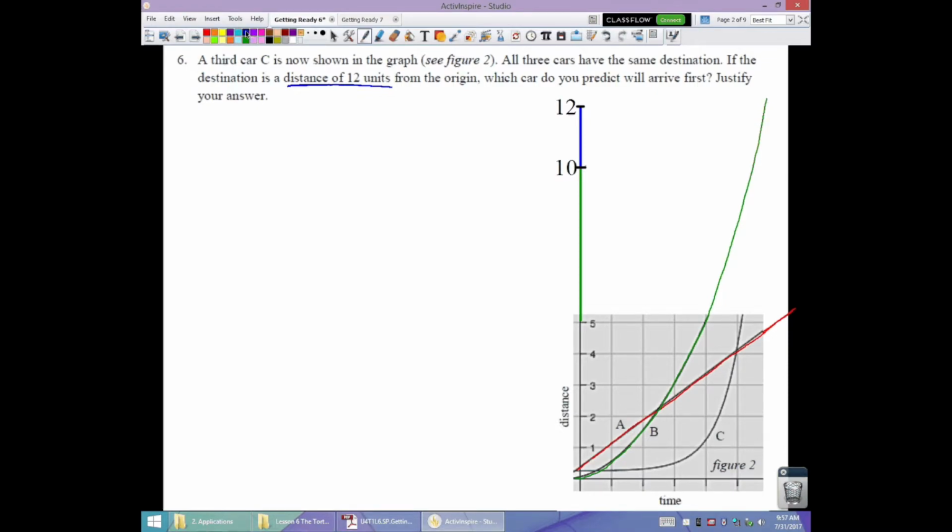The graph C, which starts off pretty flat, but then picks up speed tremendously, I would say that that one is probably going to get to 12 before the green one does. It's close, but I would think that car C reaches 12 units first.